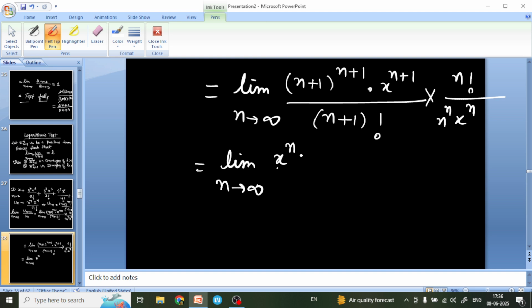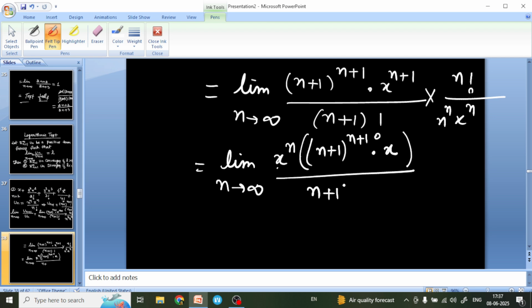First take x raised to power n common. (n plus 1) whole power n plus 1 into x over (n plus 1), n factorial.